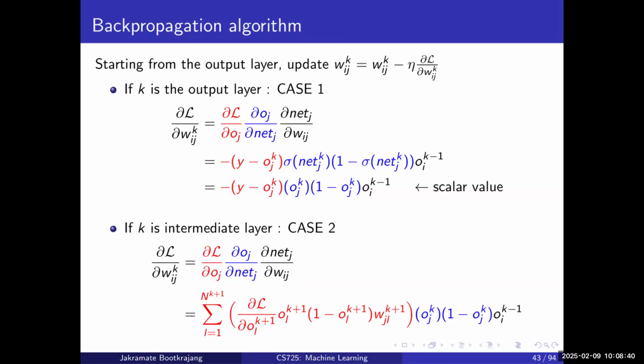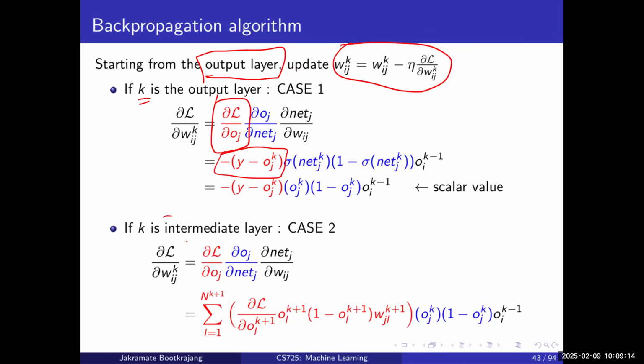So the algorithm becomes: you start from the output layer, you update the weights, and the weight equation would be the same for every node. If you start from the output layer, at the last layer, you would use the case one equation, right? Because you know your output and this is the error, when you take the derivative of the error with respect to the output of the last layer.